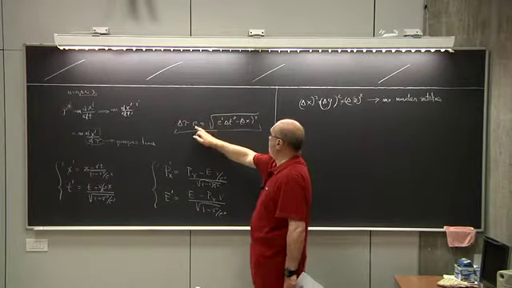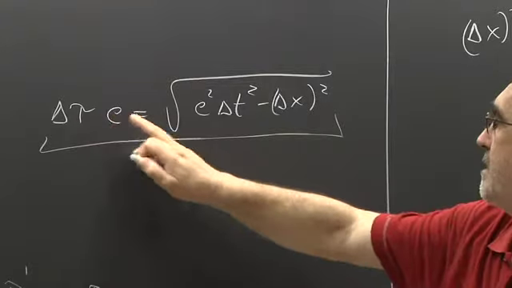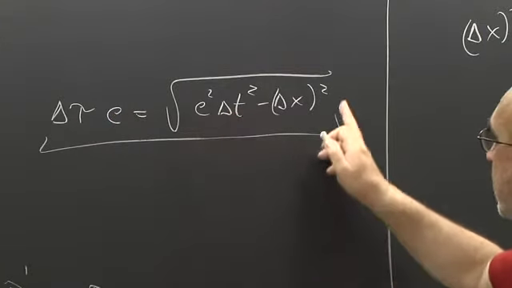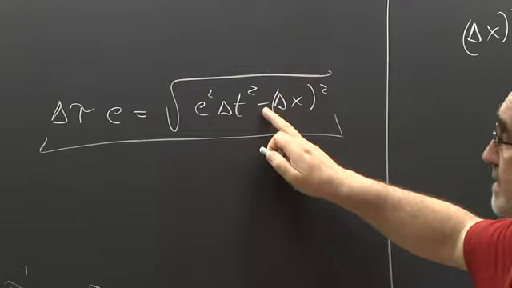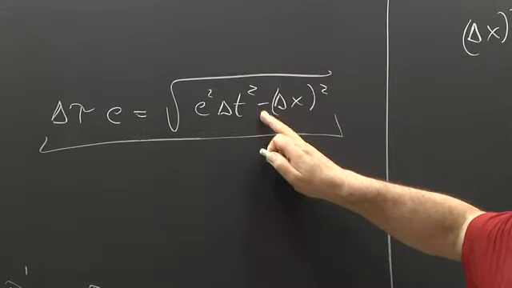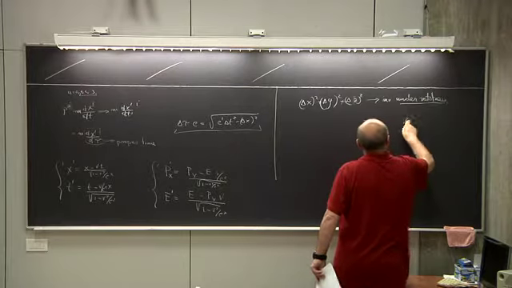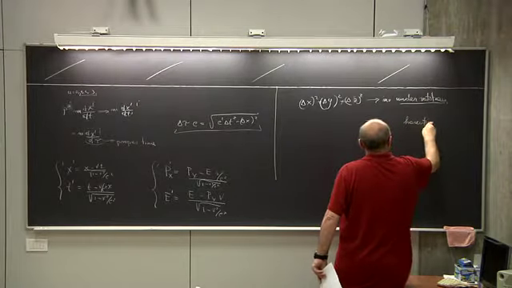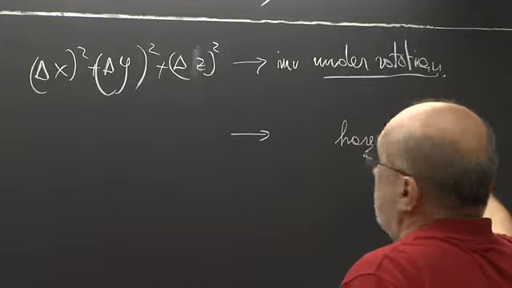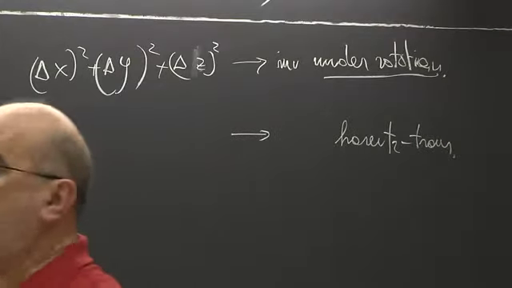This object, I call proper time this delta t. This quantity, despite the fact it has a minus, is invariant under the analog of the rotation, that is the Lorentz transformation. So this quantity is invariant.